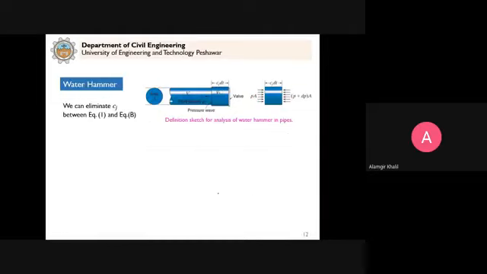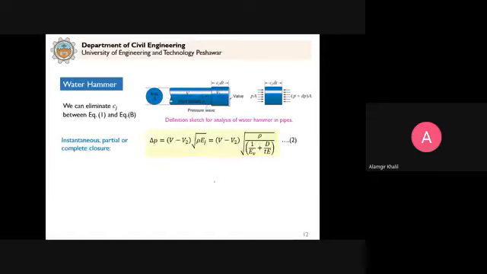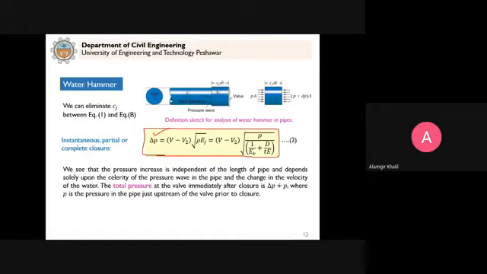And we can eliminate Cj in this equation. So this is the increase in pressure when we consider the fluid and the pipe as elastic. This is the increase in pressure we can calculate that will occur due to water hammer. And then the total pressure will be what? It will be P plus delta P.